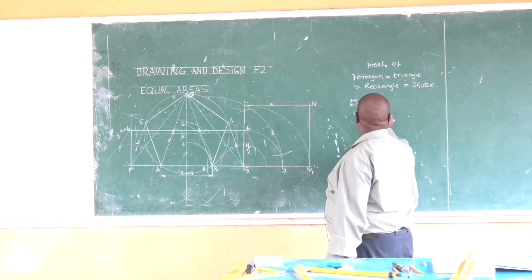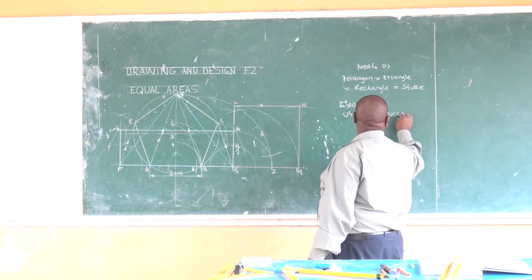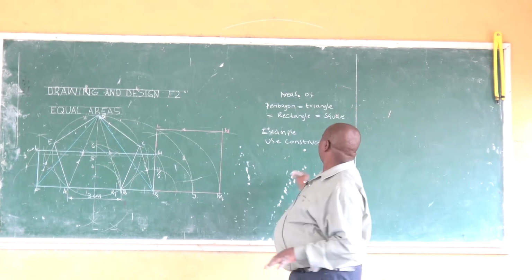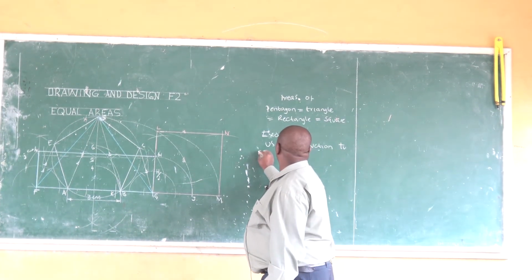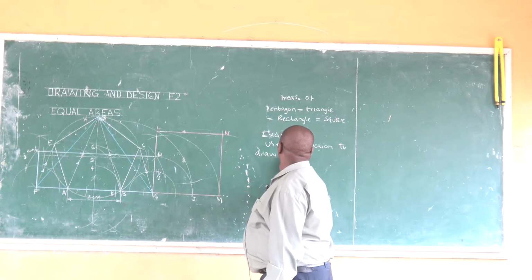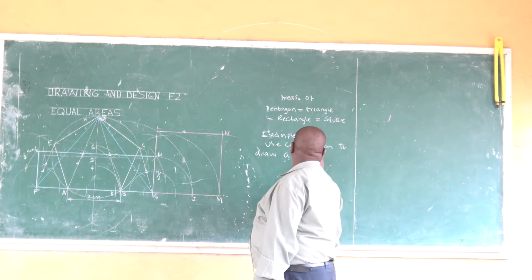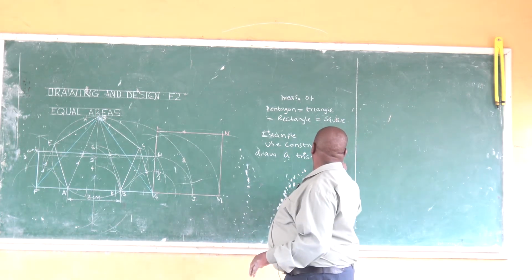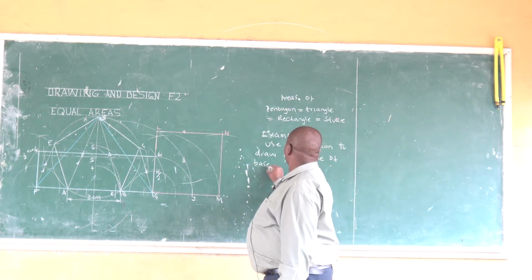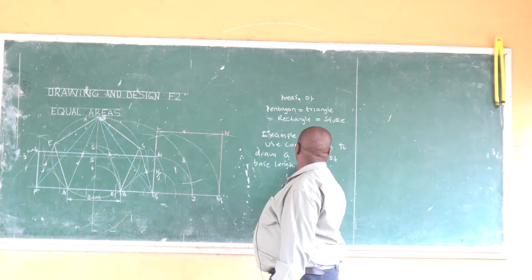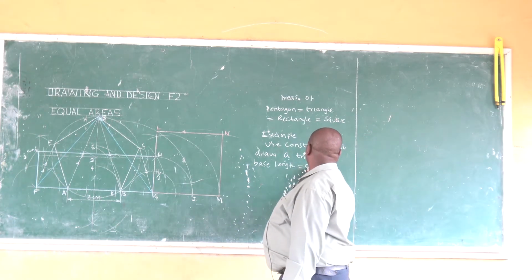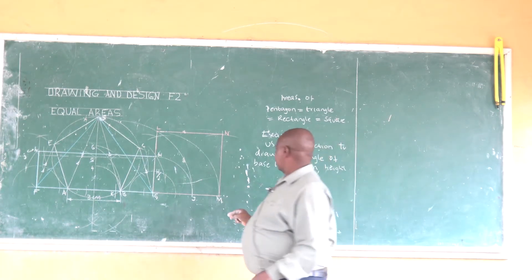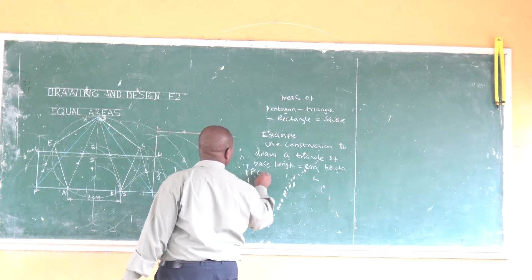Use the construction method to draw, A, a triangle of base length equal to 8 centimeters, height 8 centimeters.